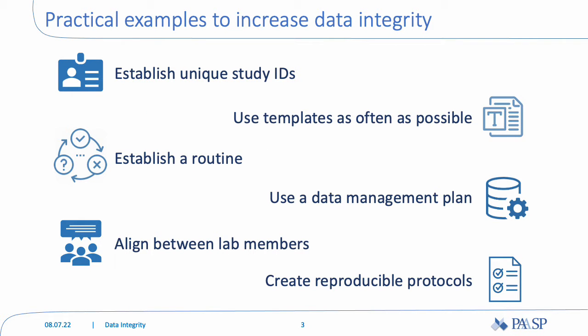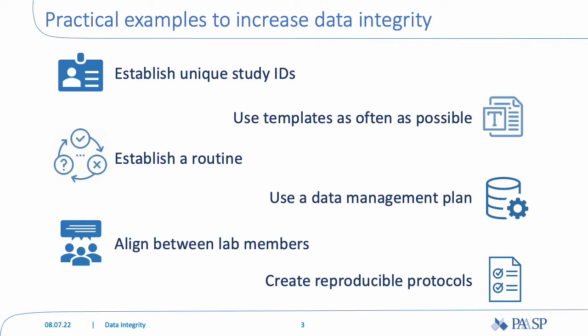This slide gives an overview of some of the different aspects we can apply to increase data integrity. We will talk about how to establish a unique study identifier, templates and why it's beneficial to use them as often as possible. Establishing routines can help to reduce errors and achieve more in less time.